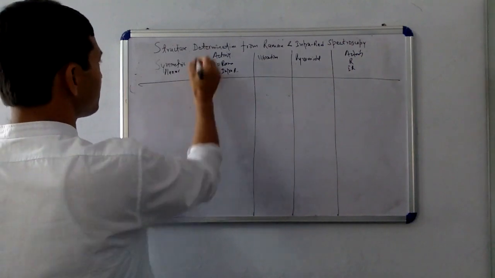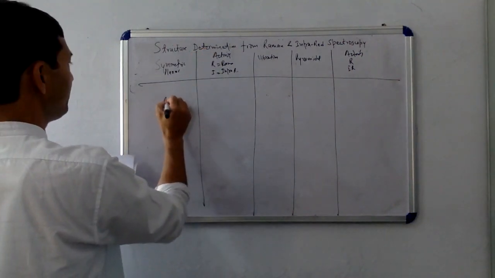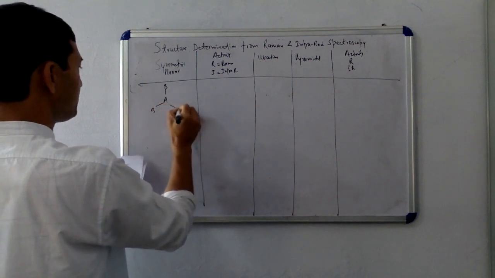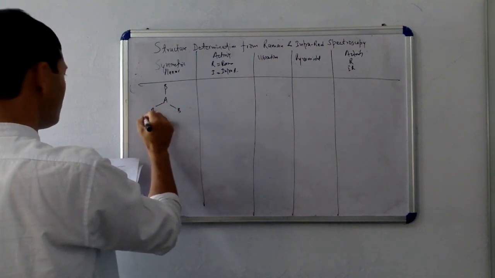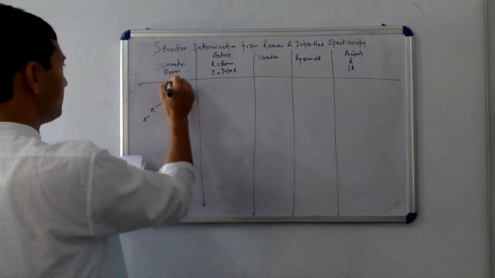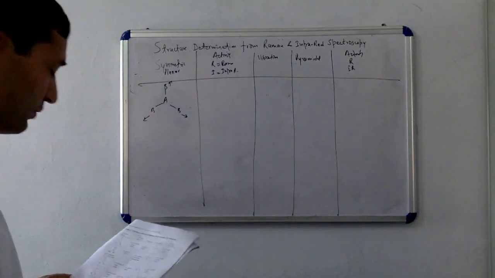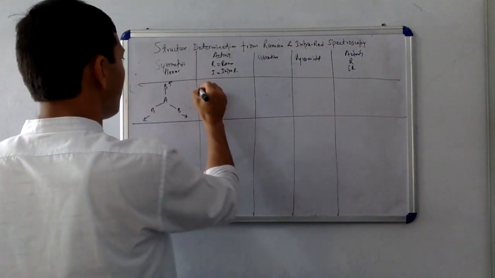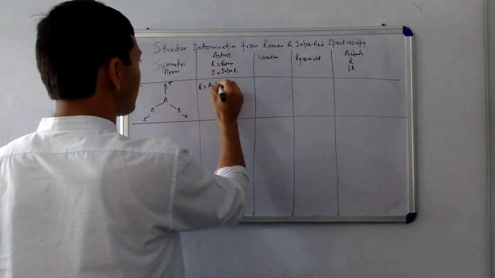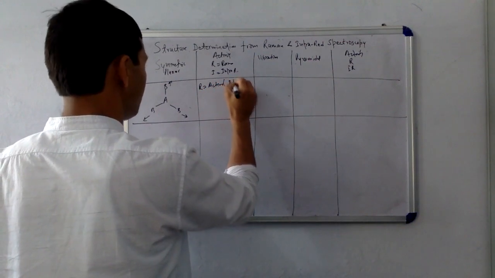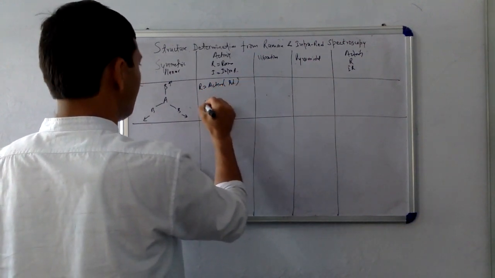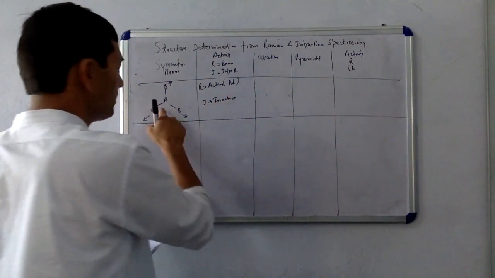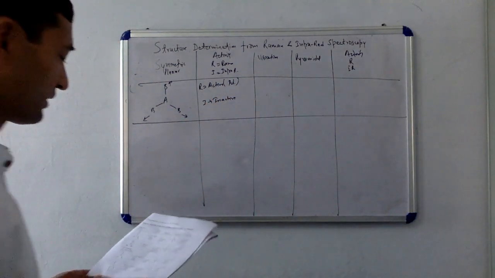Now for the planar geometry, suppose I have this A, B, B and B. Moving symmetrically, all the B atoms of this planar geometry move outward. In this case, Raman is active and polarized. IR is inactive, because you have a center of symmetry in the molecule.